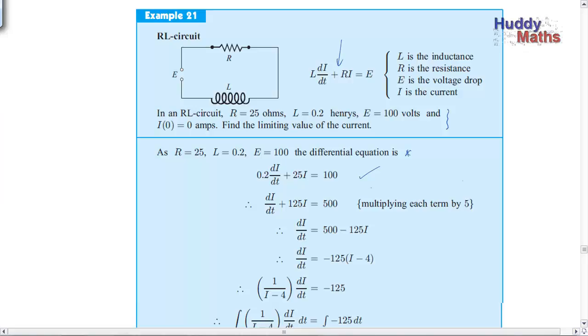Okay, now we can see here with separable differential equations, these two should be together. So what's a little trick here? Subtract that neg 125i from that side, and then you could factorise it and divide by the i containing term.